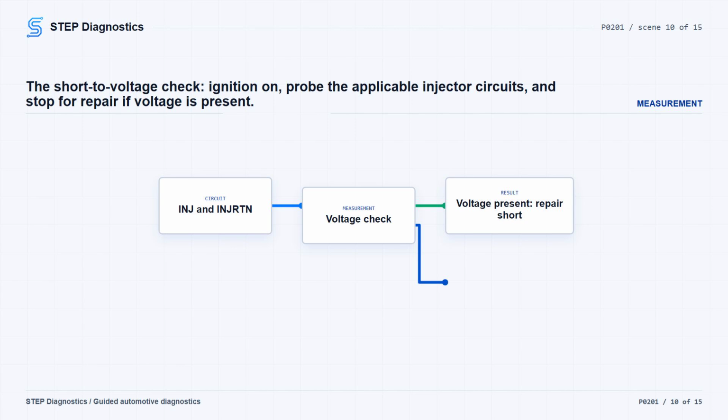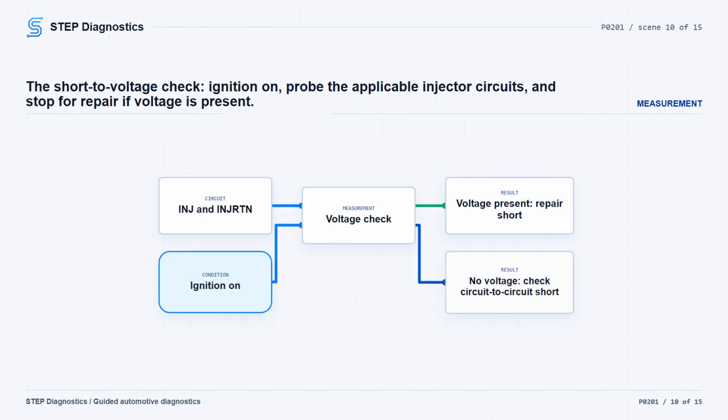Turn the ignition on and check the applicable injector circuits for voltage where there should not be any. Again, use the correct complete lead hookup for the pin being tested, and do not guess if the connection path is unclear. If any voltage is present, repair the short circuit, clear the PCM codes, and repeat the self-test. If no voltage is present, move on to checking for short between the two injector control circuits.